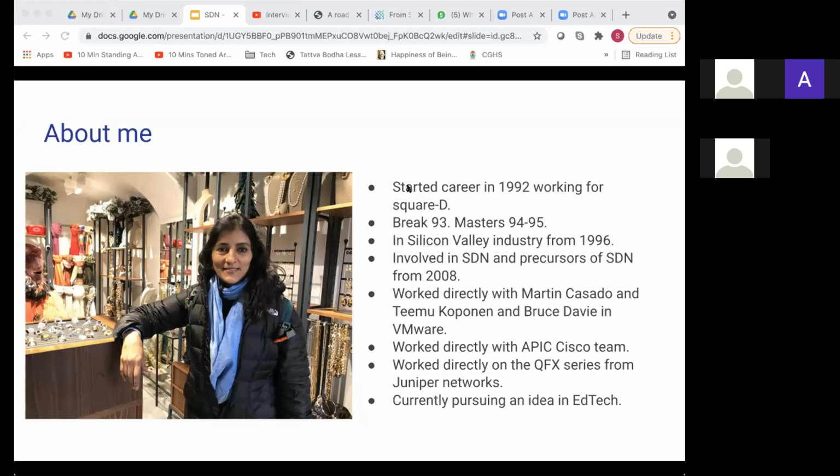I've worked directly with some of the key creators of SDN and some very well-known networking wizards. I've also worked directly with the Cisco APIC team, who are well-known SDN vendors. I also worked on the QFX, which is a data center fabric from Juniper Networks.